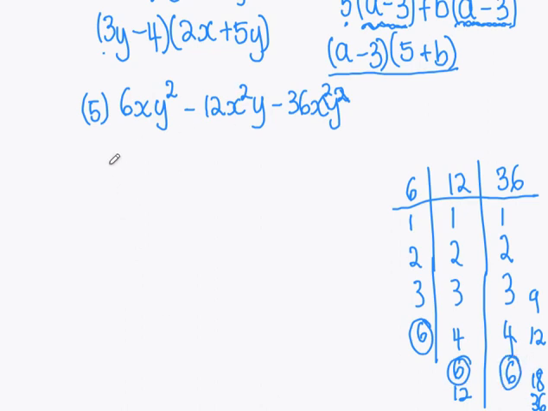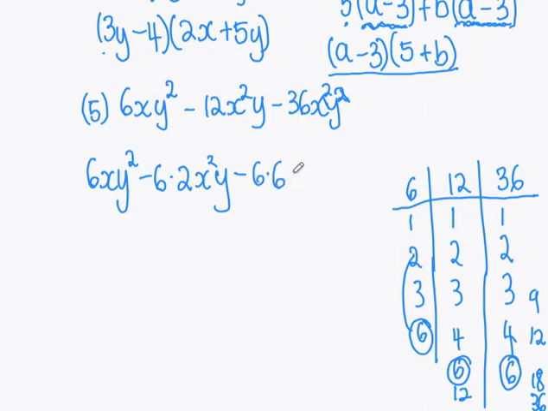So perhaps we can just write that there, 6xy squared. Then let's change this into a number with the 6. So minus 6 times 2 x squared y, minus, and then here for 36 is 6 times 6 x squared y squared.